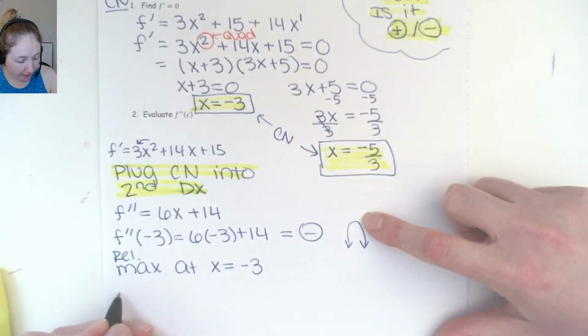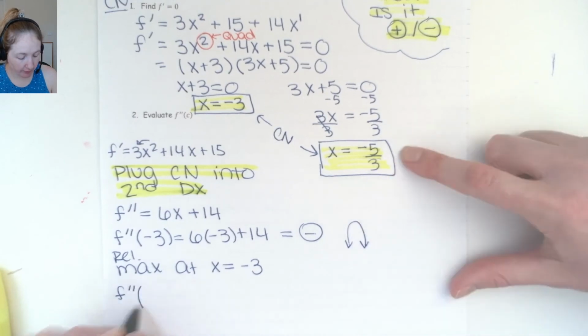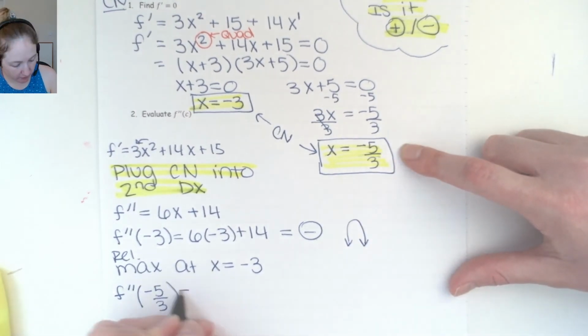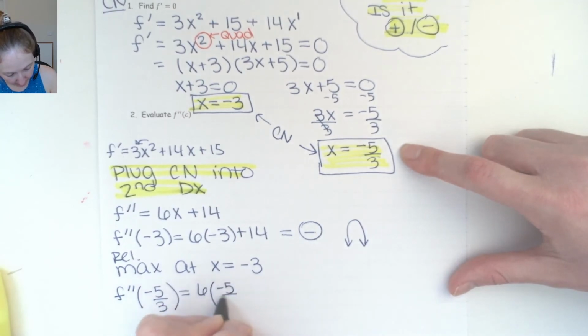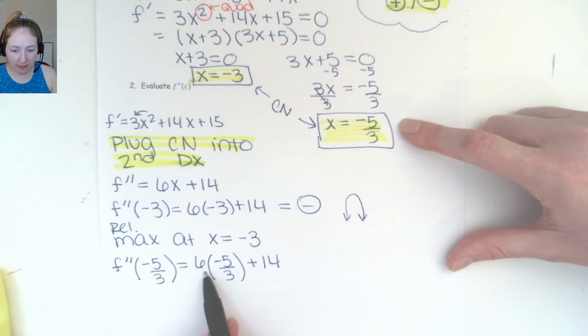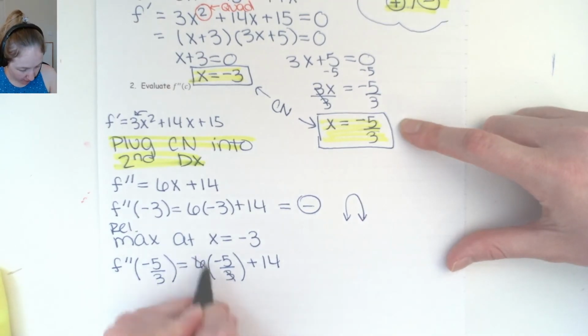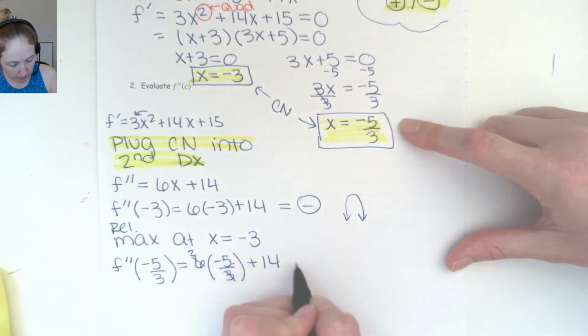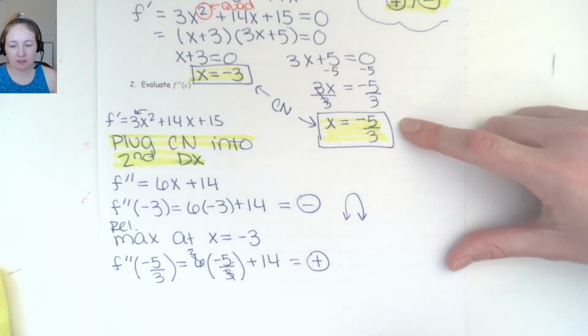And the same thing is going to happen for the other critical number. We're going to plug it into the second derivative. And that's going to give us -10, from the 6 divided by 3 would give us 2. So 2 times -5 gives us -10 plus 14. That gives us a positive.